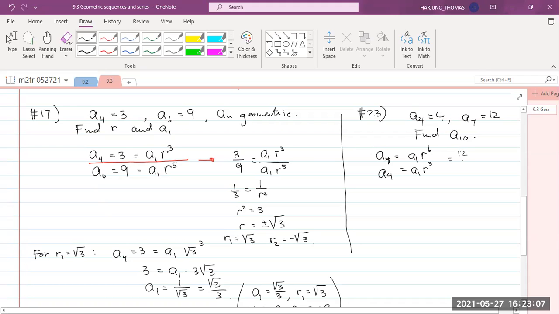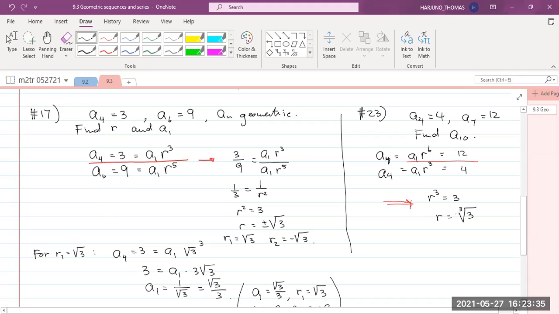That's 12 for the 7th term, and that's 4 for the 4th term, which if I divide, I will get r cubed equals 3. So r equals the cube root of 3.